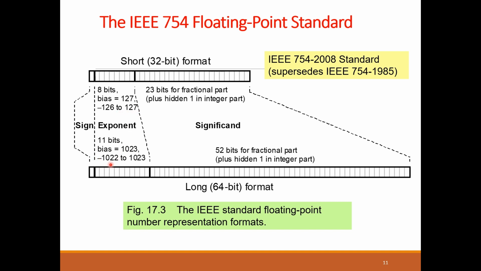For double precision, the exponent ranges from minus 1022 to 1023, with 23 bits of fraction here and 52 bits of fraction there. Double precision came much later, in 2008, when computers started using 64-bit data width.